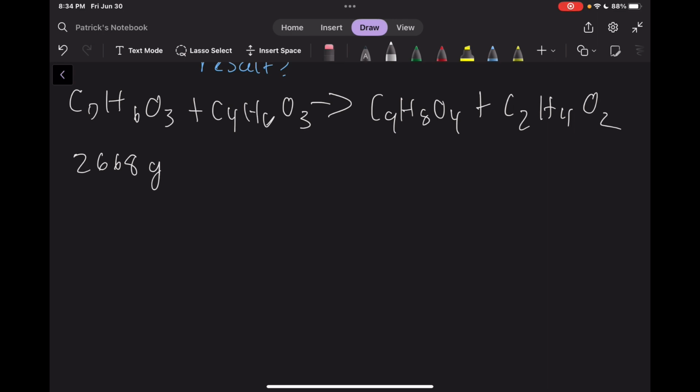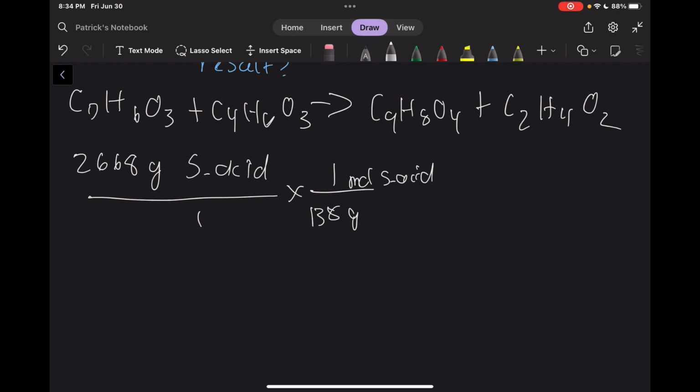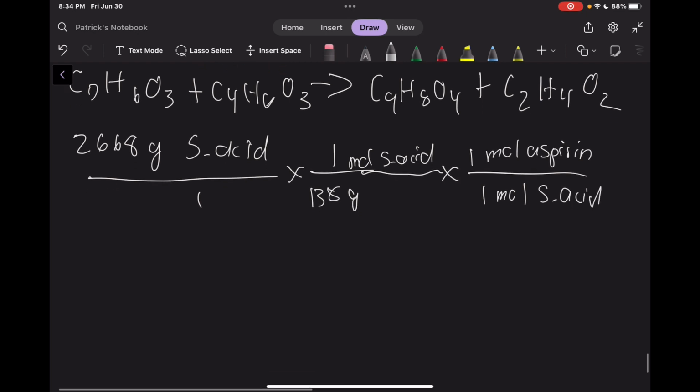2,668 grams of, I'm just going to write S acid for salicylic acid, multiplied by the inverse of the molar mass of this compound, 138 grams per mole, multiplied by the molar ratio of aspirin over S acid, which is just 1/1. We obtain 19.33 moles of aspirin.